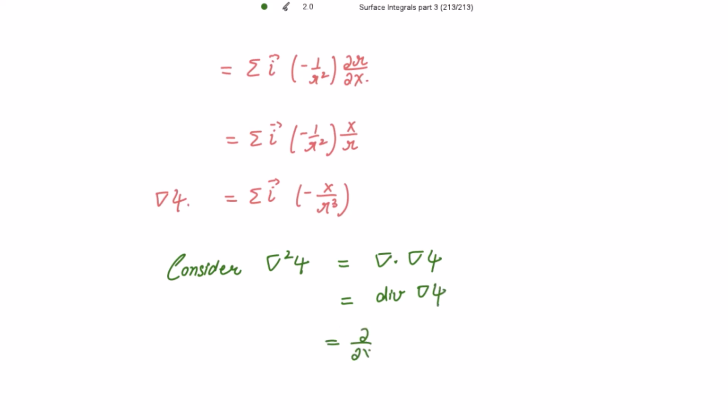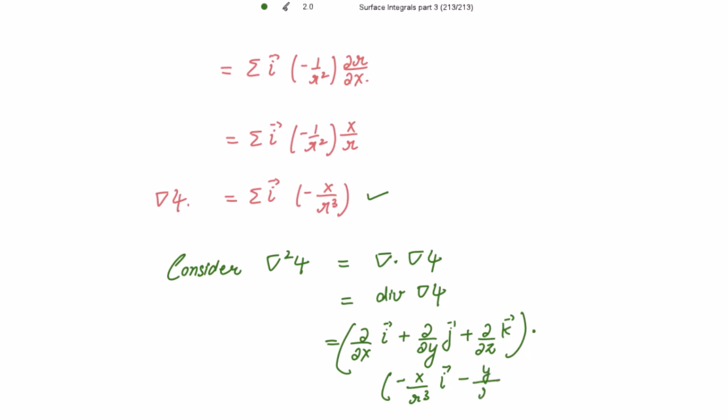Partial derivative with respect to x i vector plus partial derivative with respect to y j vector plus partial derivative with respect to z k vector, and its dot product with del xi. Del xi is what? This one. That is minus x divided by r cubed i vector minus y divided by r cubed j vector minus z divided by r cubed k vector.